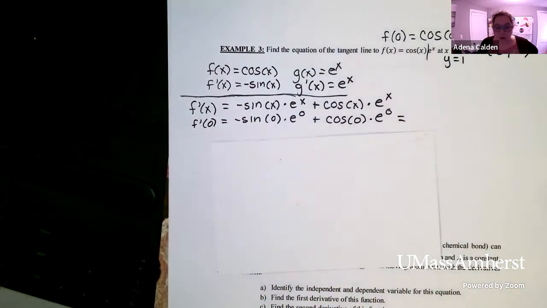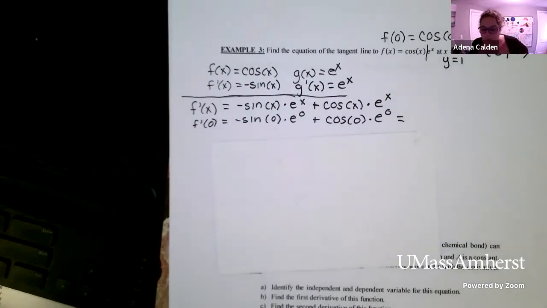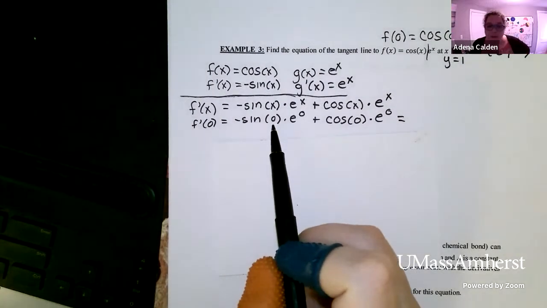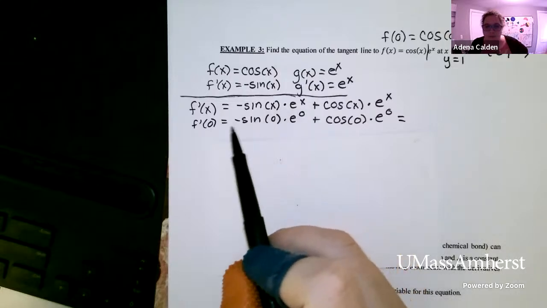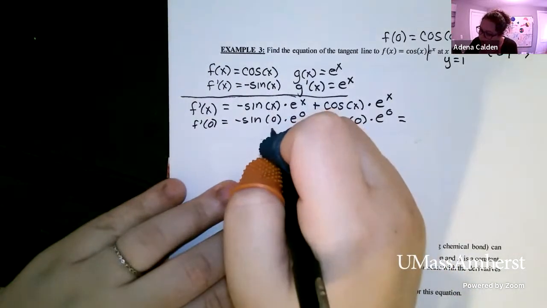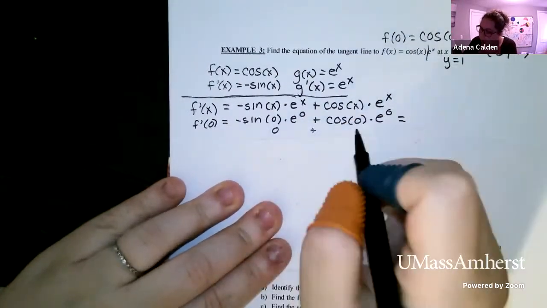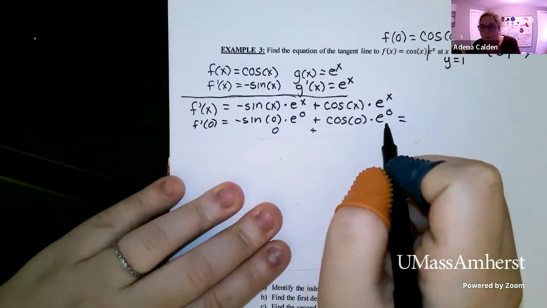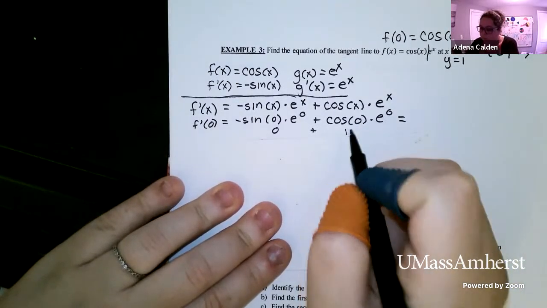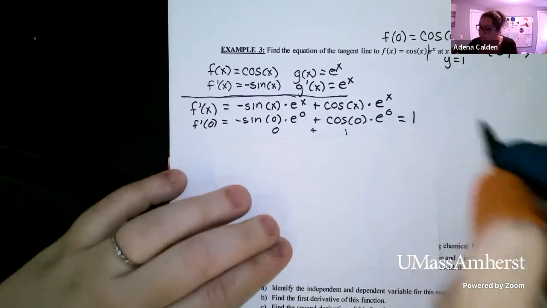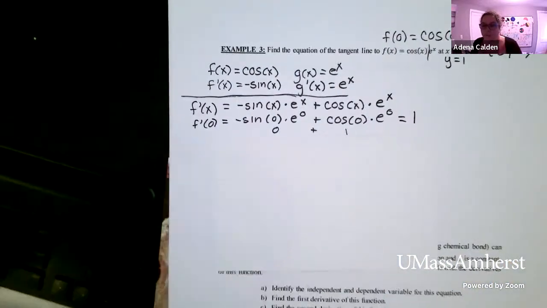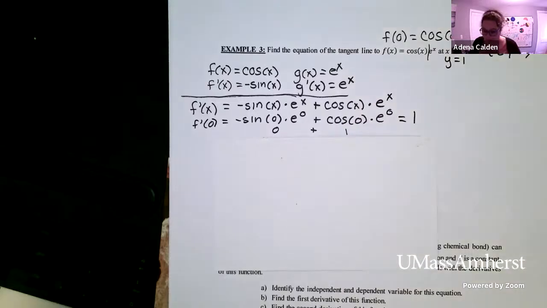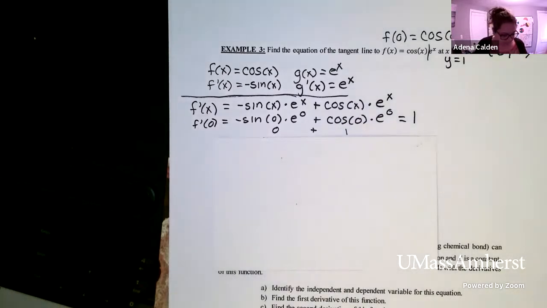Okay, so when I go through this and look term by term, I want you to remember, sine of 0 is 0. So this first term, the whole thing goes to 0. And then over here, cosine of 0 is 1, and e to the 0 is also 1. So I get 0 plus 1, which means that all equals 1. So the slope of my line equals 1.